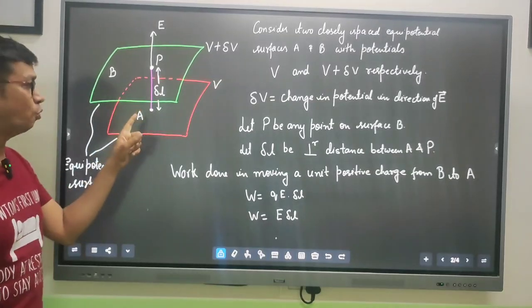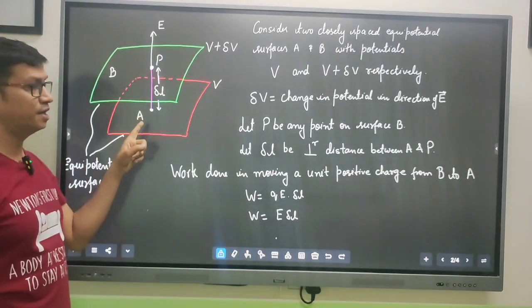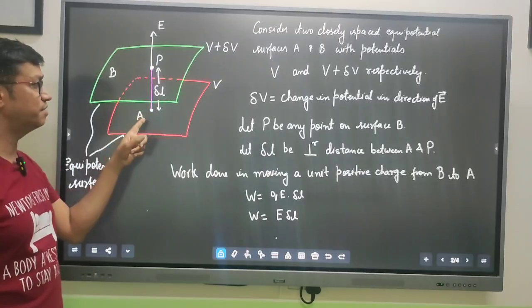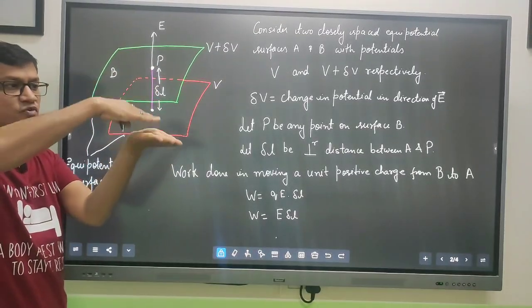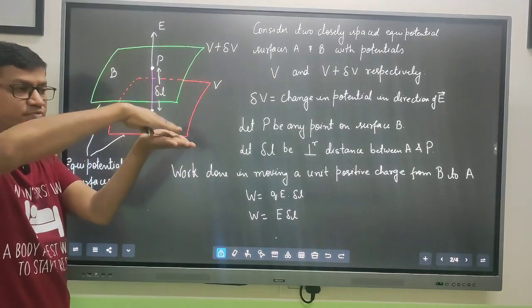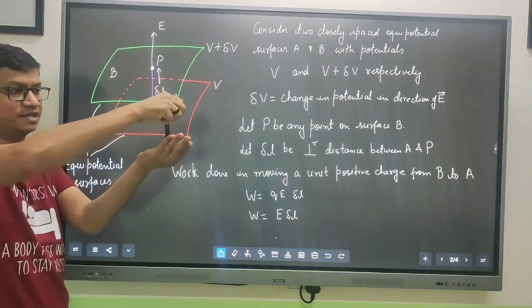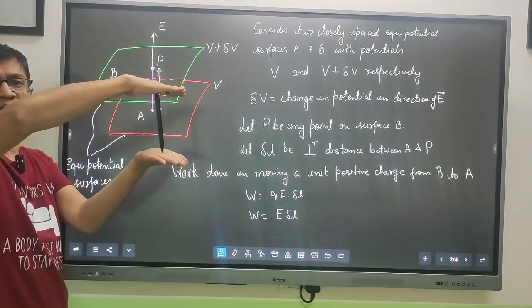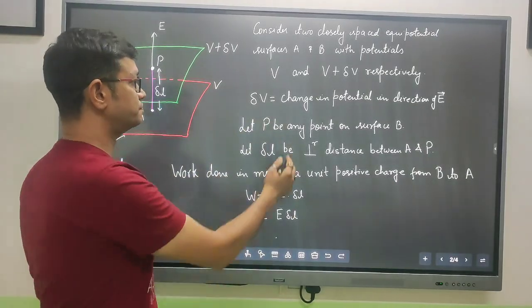We are considering two points, point A and point P. The perpendicular distance between point A and P is delta L. That means delta L is the distance between these two surfaces, the perpendicular distance, like this. So this is what we have considered here.